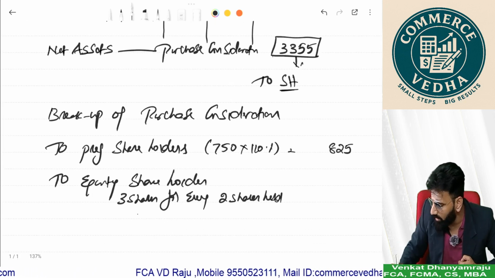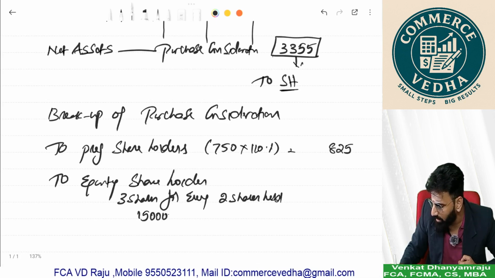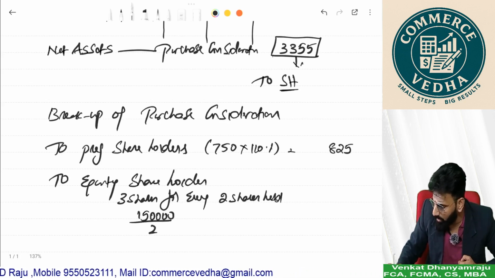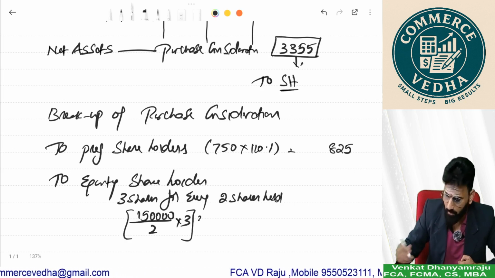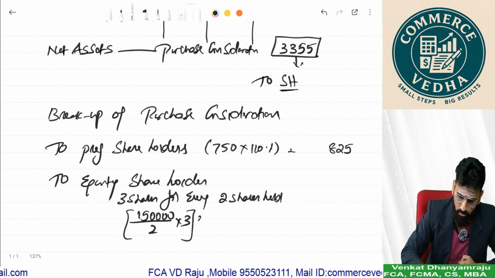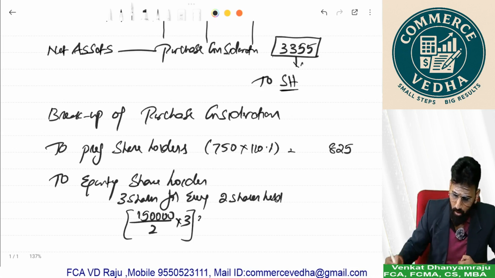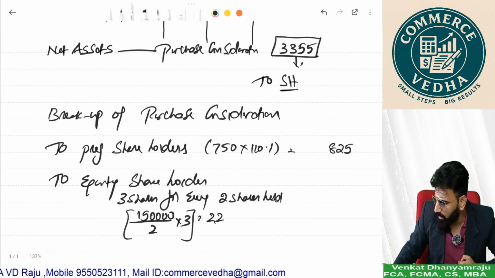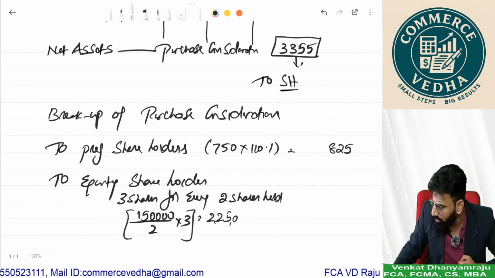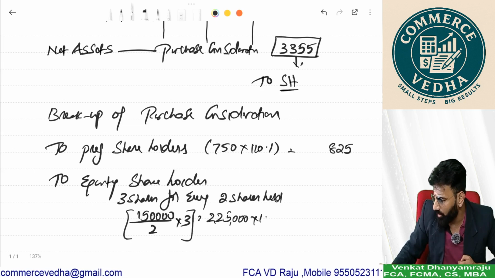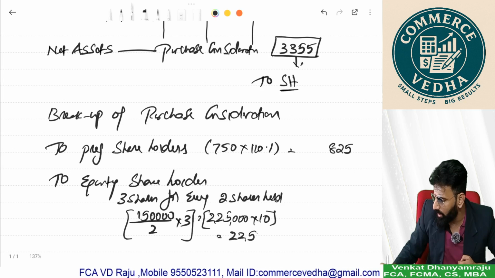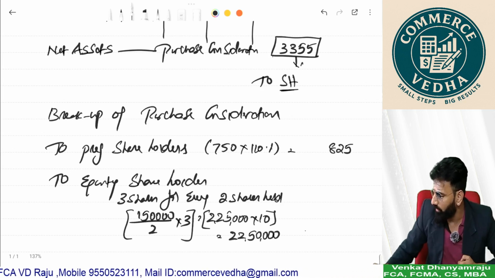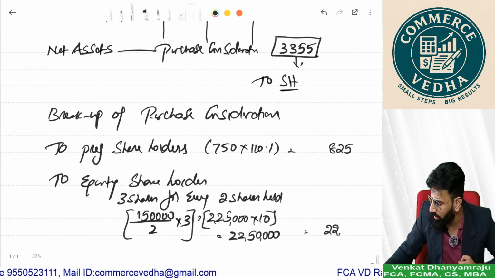Shares held were 1,50,000. By 2 into 3, you will get 2,25,000 shares into 10. The amount should be 22,50,000. We are doing in thousands. This is 2250.